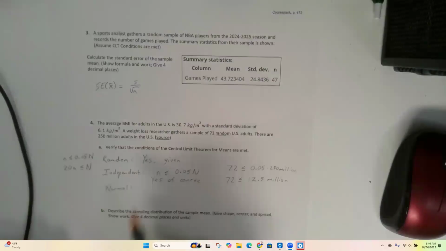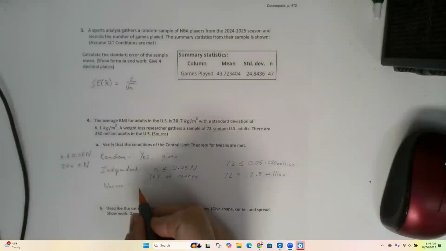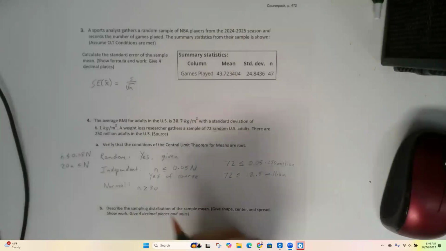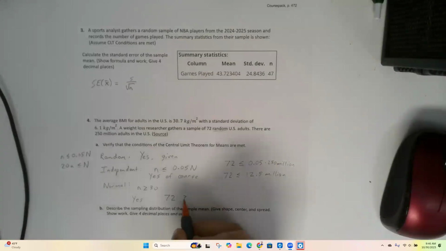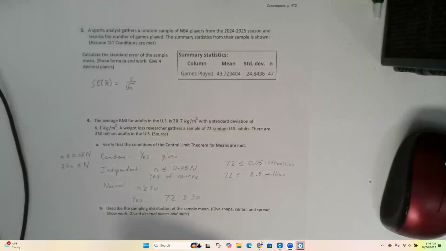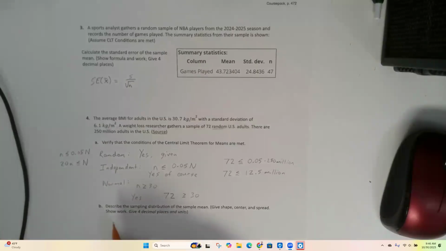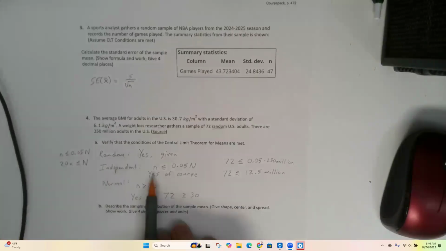In this case, we're looking at means. So all we need to check is whether n is greater than 30. Yes, 72 is greater than or equal to 30. So three yeses: yes on random, yes on independent, and yes on normal.